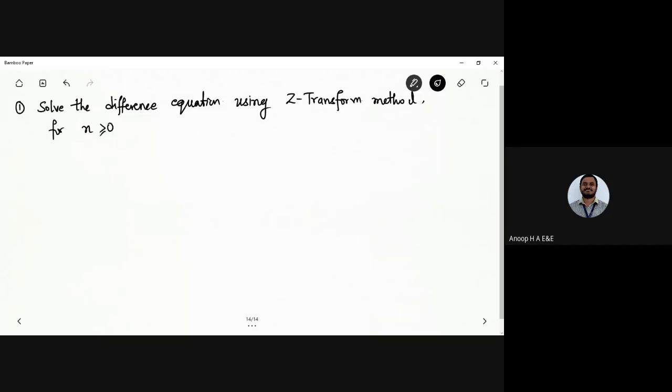Okay, so how would it look? So this is: solve the difference equation using the Z transform method for n greater than 0. So this is where you will be analyzing it as a unilateral Z transform.